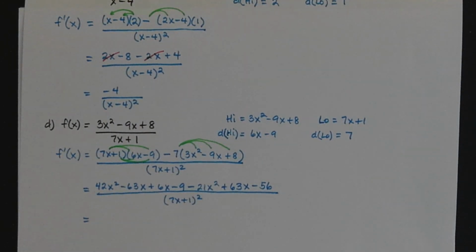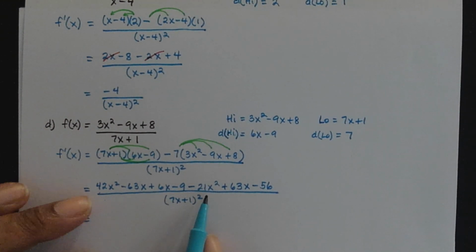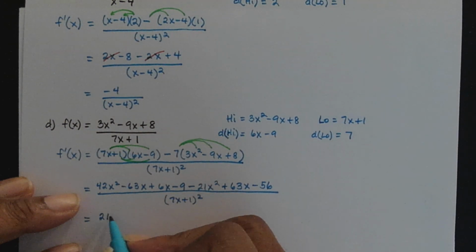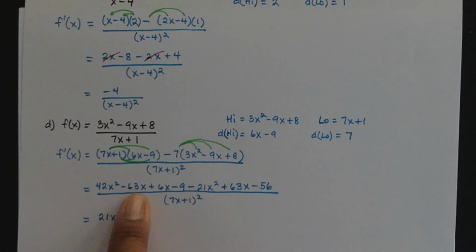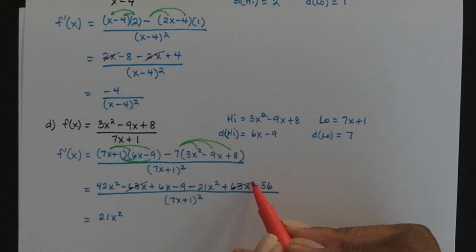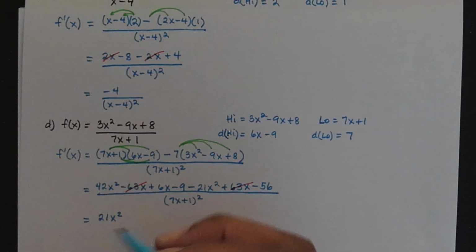And then we can combine some like terms. 42x squared minus 21x squared is 21x squared. I also see minus 63x and a plus 63x. That's gone. I'm left with 6x.